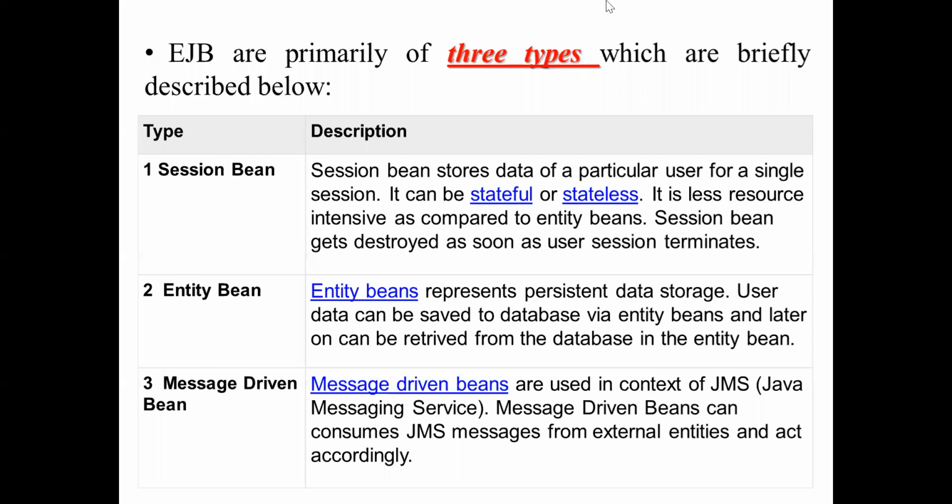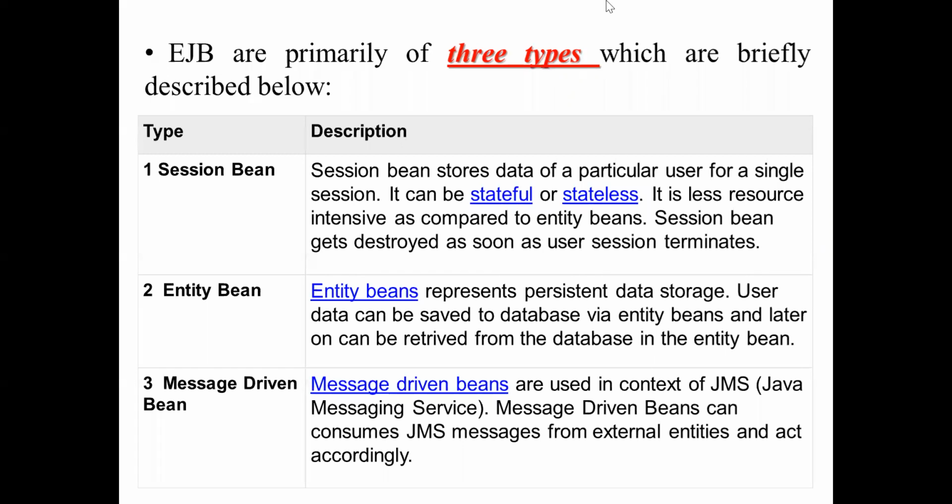And finally, the message driven bean is used in the context of JMS. What is JMS? That is the Java Messaging Service. This Java Message Service is used in the message driven bean. It can consume JMS messages from an external entity and act accordingly.